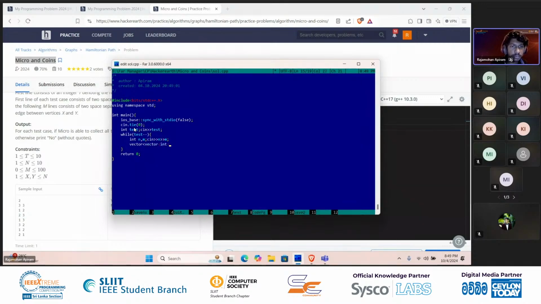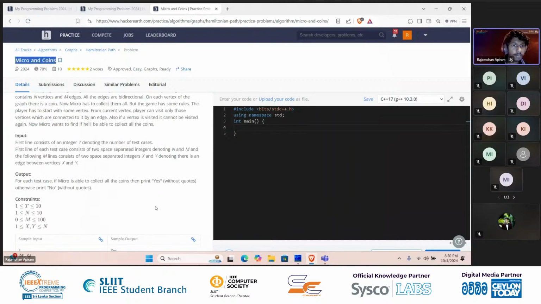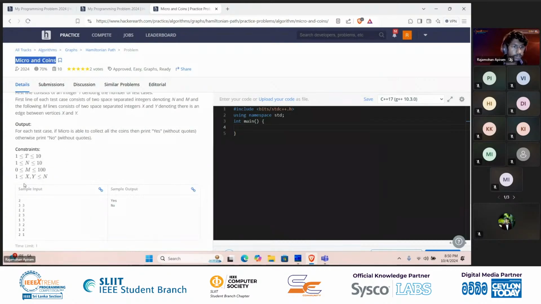I need to have an adjacency series. So we created an adjacency series, and now I have to think about an algorithm or data structure which I can use to keep track of the subsets, right?